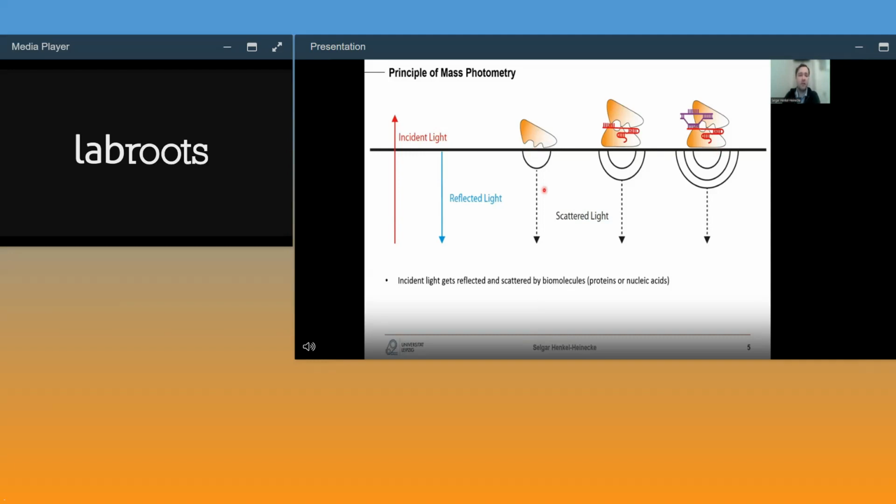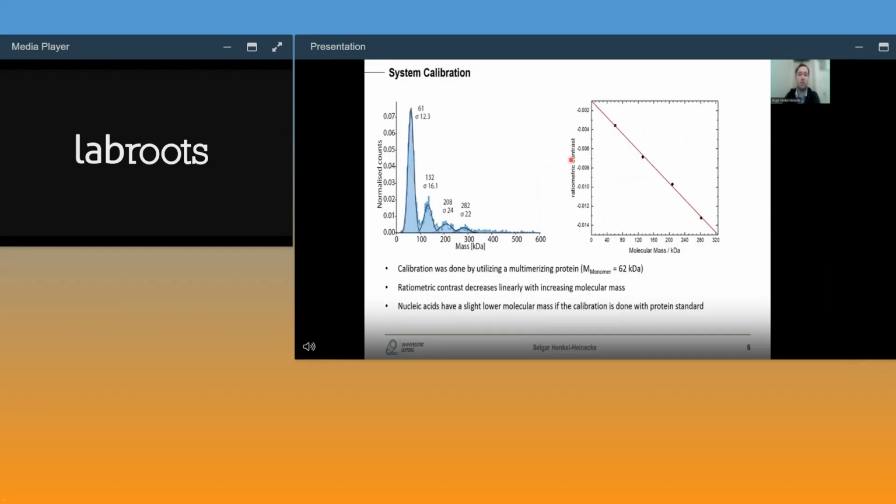This reflected and scattered light then interfere with each other, and this interference pattern is then proportional to the size of the biomolecule. And there's one more thing you have to do before calibrating the system.